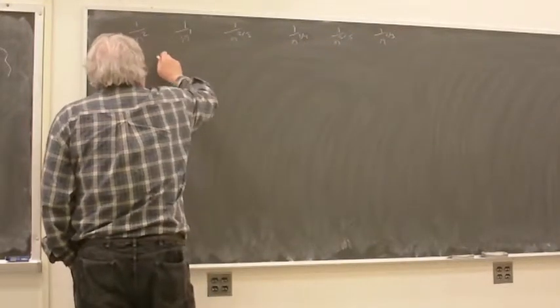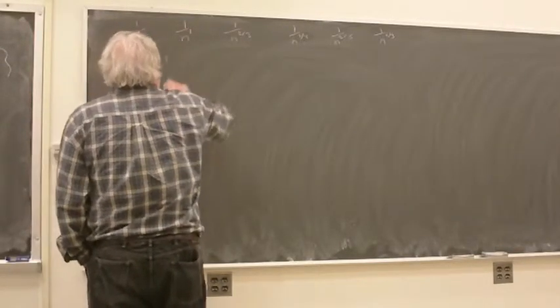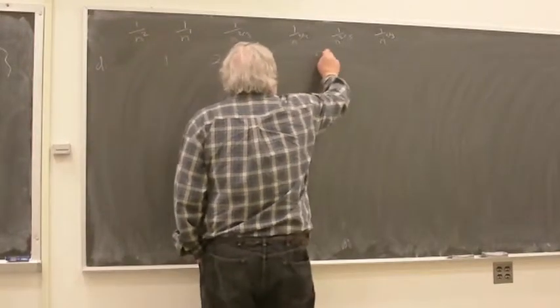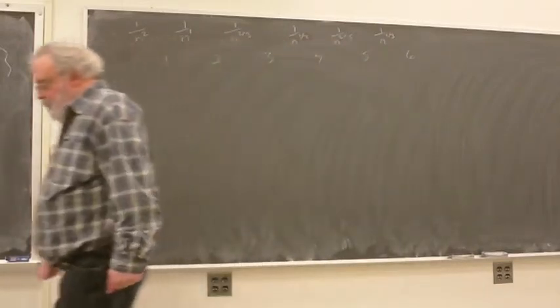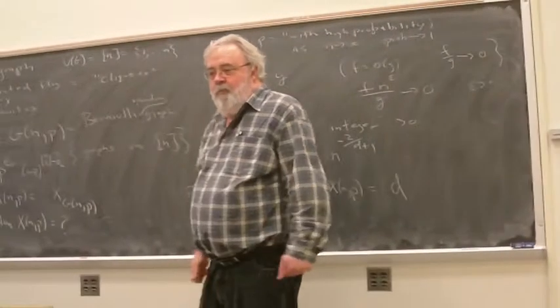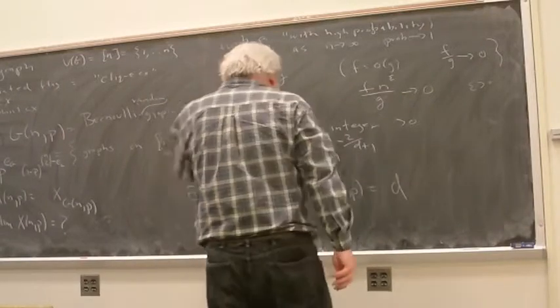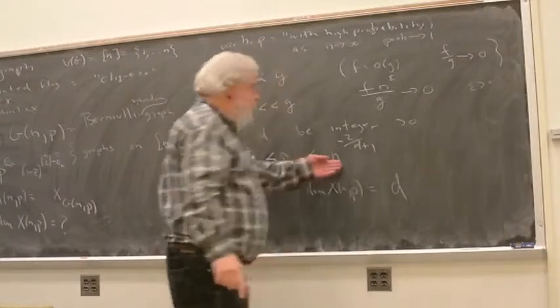So here, we're saying that the dimension d is 1 in this range, it's 2 in this range, it's 3 here, 4 here, 5 here. It goes like that. So p changes with n. I'm thinking of p as some sort of function of n that lies between those two powers.